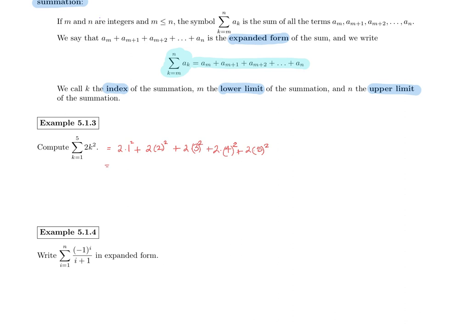And when we do that, we get 2 times 1 squared is just 1, so that's 2. 2 squared is 4. 4 times 2 is 8. 3 squared is 9 times 2 is 18. 4 squared is 16 times 2 is 32. And 5 squared is 25 times 2 is 50. If we add these all up, 8 plus 2 is 10. 18 and 32 is 50. So we get, and another 50 gives us 110.